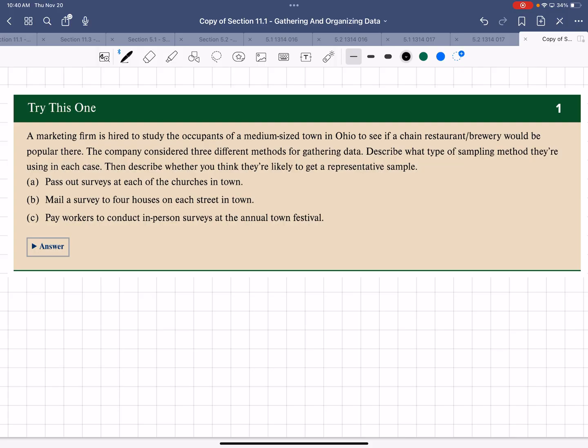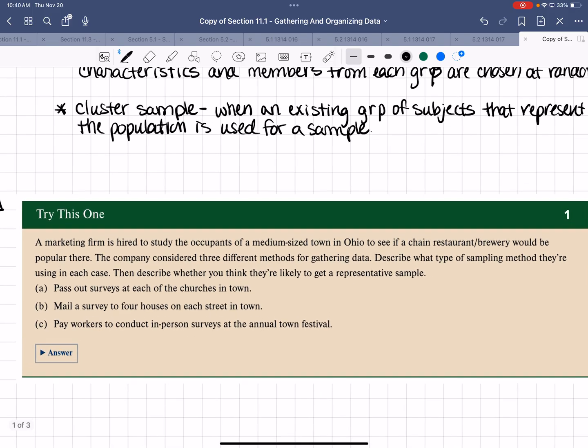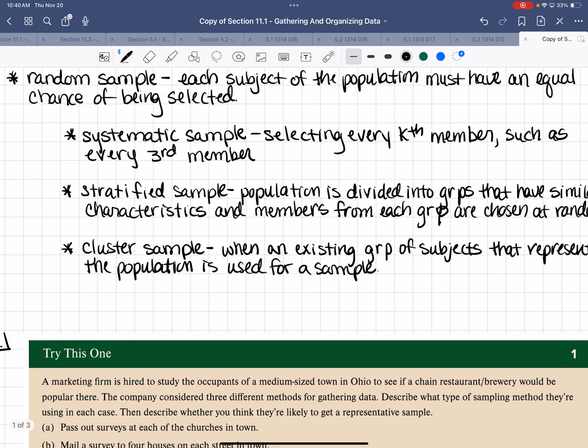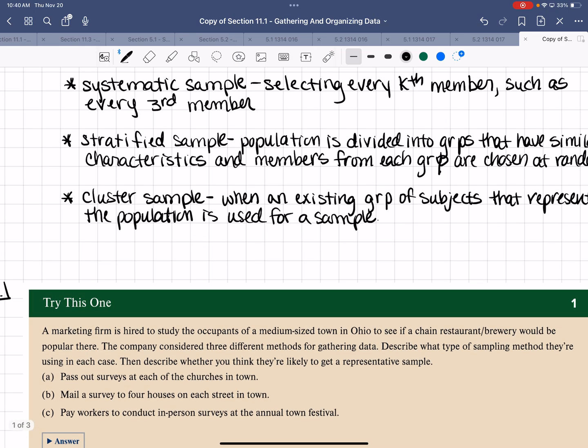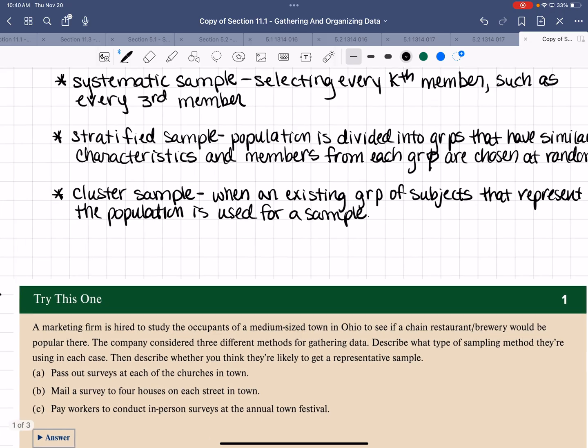So what they want you to do in this question is they've got A, B, C. You're supposed to match that with one of the types of sampling we just discussed, either systematic, stratified, or cluster sample, okay? So A says they're going to pass out surveys at each of the churches in town. Would this be systematic? Would it be stratified? Would it be a cluster?